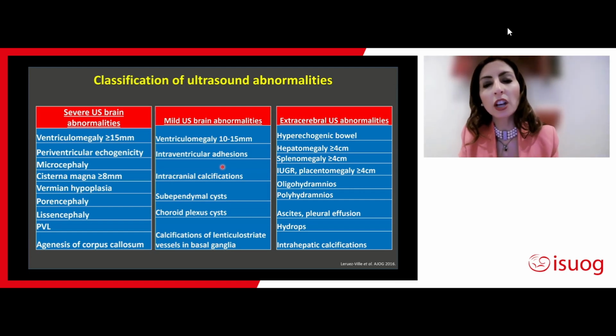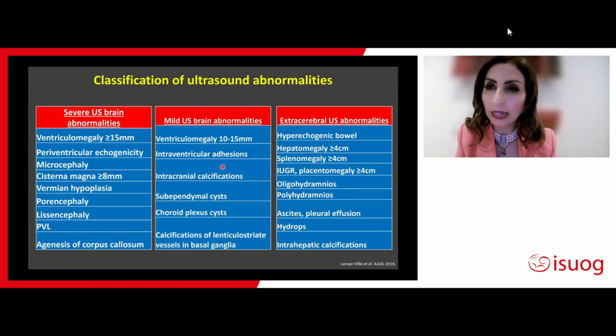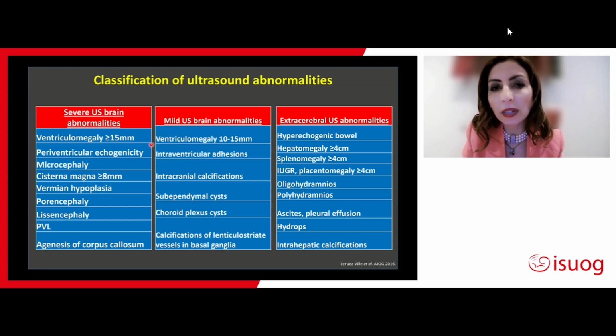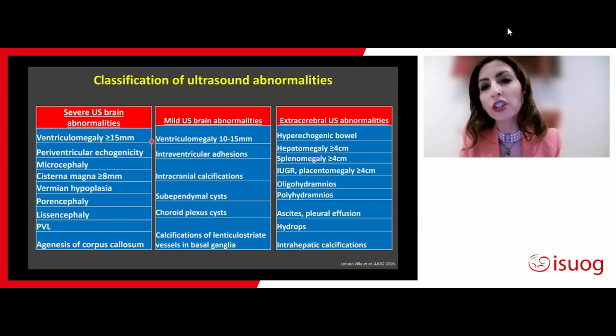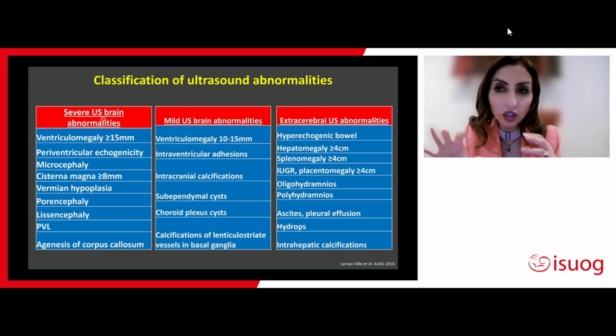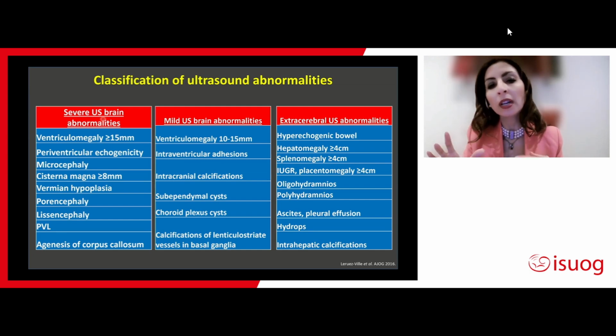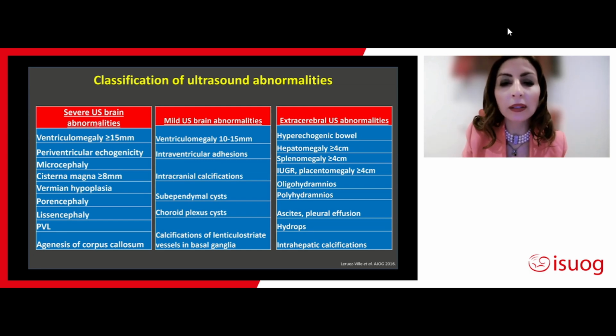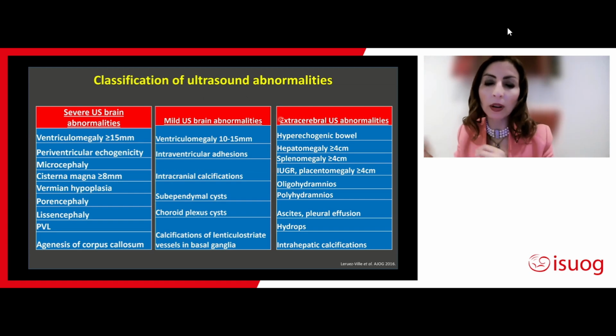I mentioned earlier that not all abnormalities have the same severity or the same prognostic value. And this is for congenital CMV infection. This is a potential classification. It's not necessarily validated, but it's been proposed in one of the studies, differentiating between what would be severe brain abnormalities compared to mild, and what about the extracerebral abnormalities.